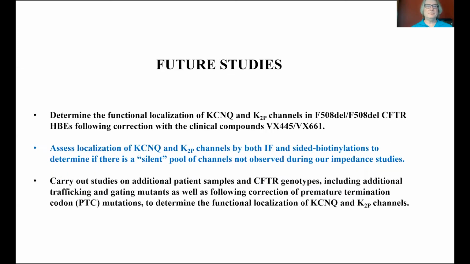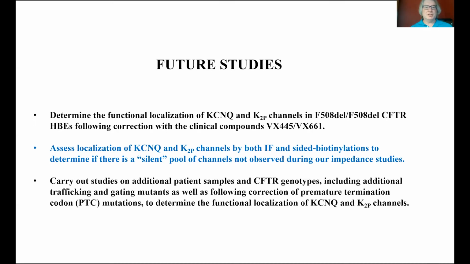In future studies, we would like to examine the localization of KCNQ and K2P channels in F508del homozygous CFTR-HBEs following correction with the clinical compounds VX445 and VX661 to see if that makes a difference in terms of where we see these channels localized functionally.